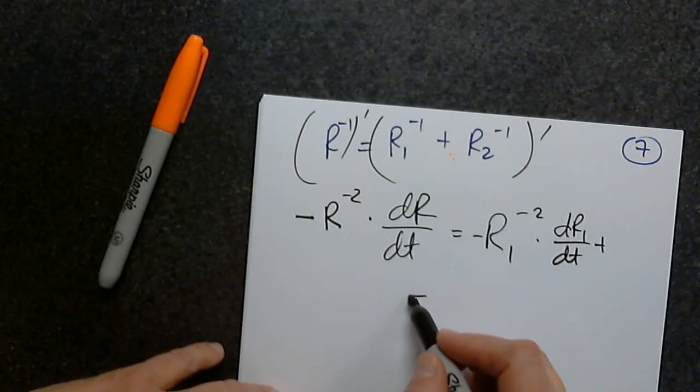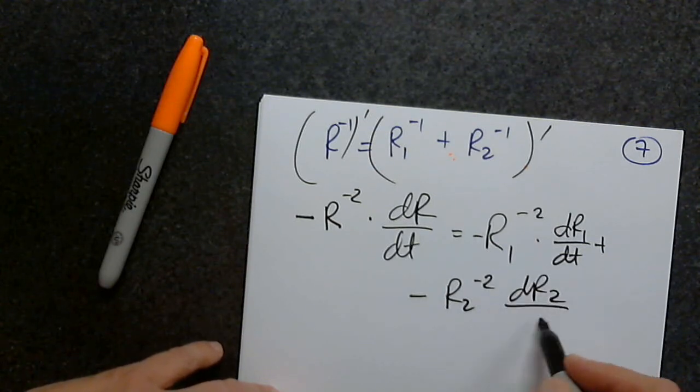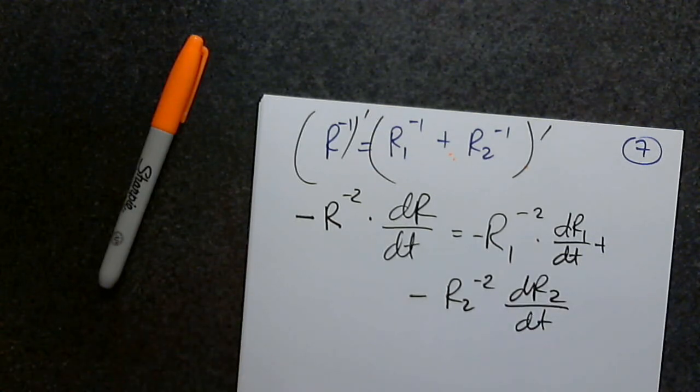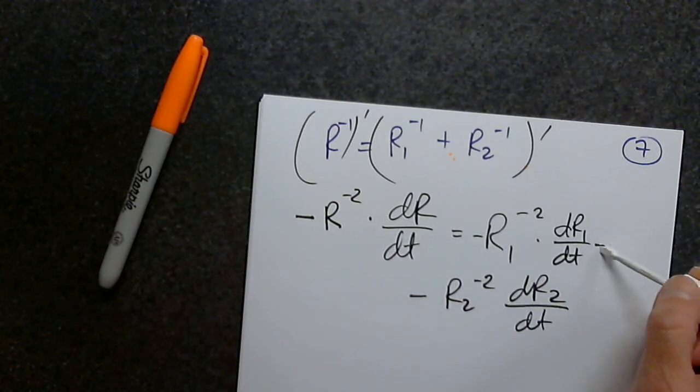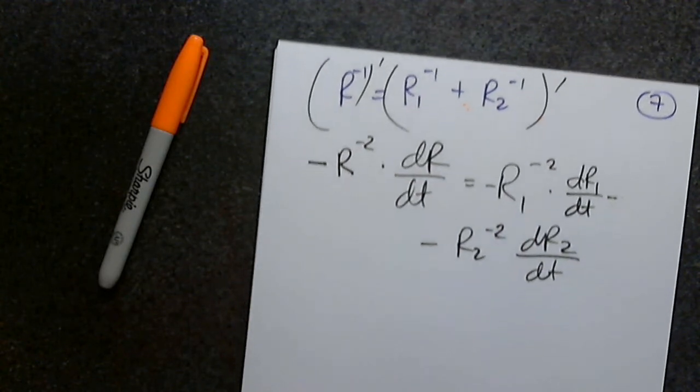I shouldn't put plus because it's minus. The same thing, dr2 over dt. Good. Perfect. Okay, so now what I have to do is solve for dr over dt.